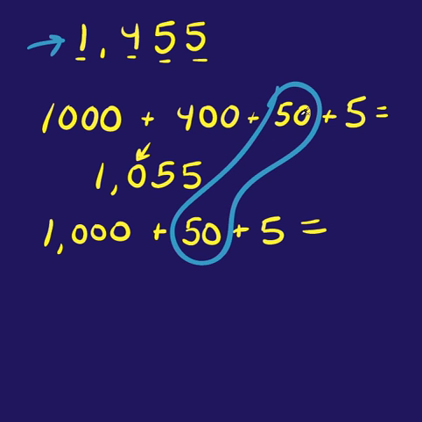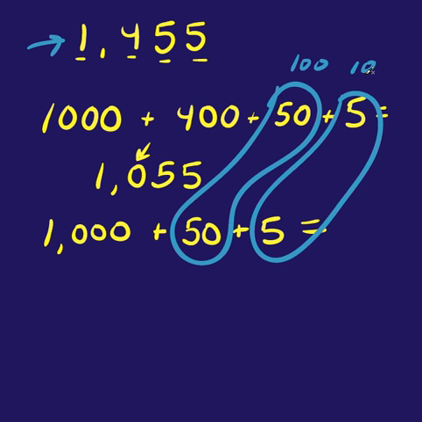There's 100. There's 10. So that's 110. We're done with those. And now, these are pretty easy. Here's 1,000 and 1,000. That's 2,000.